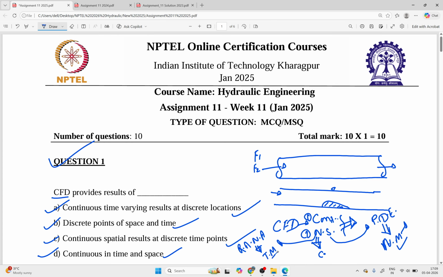So for solving how the flow goes, we have the continuity equation and Navier-Stokes equation, which convert into the RANS equations, which need a turbulence model. Then all of this you discretize into algebraic equations and solve using numerical methods.